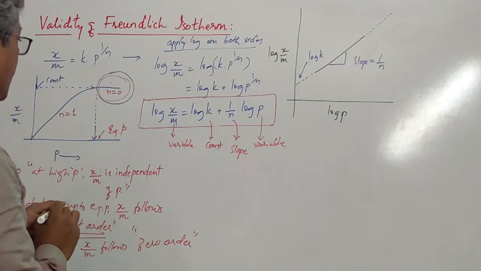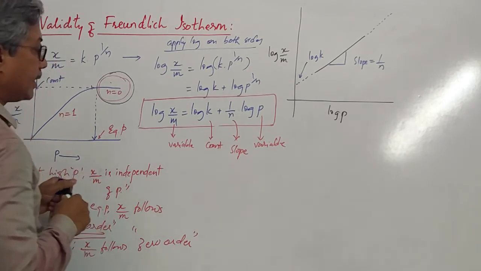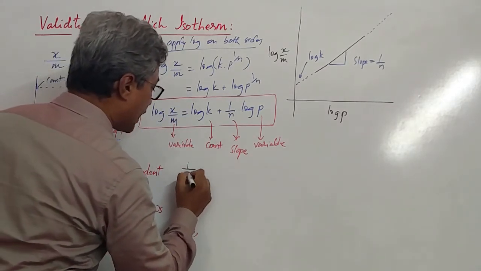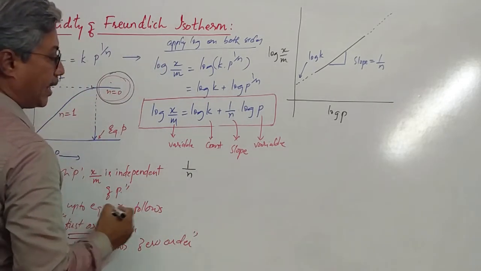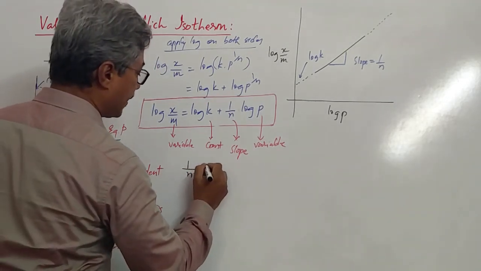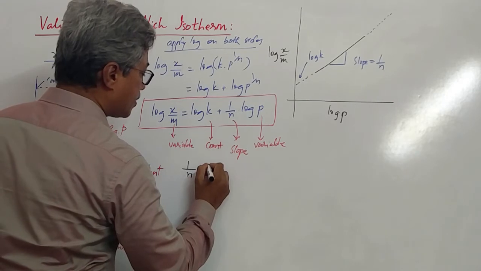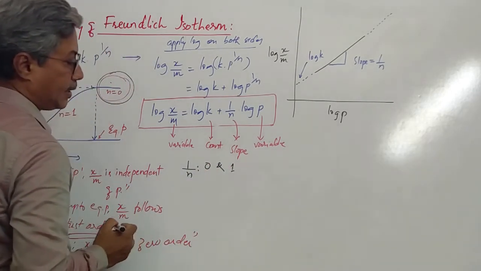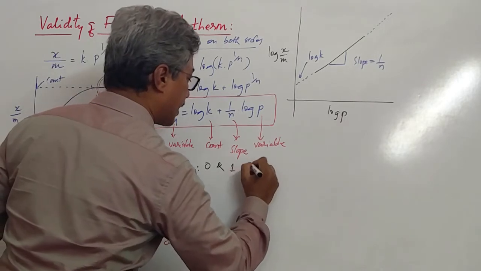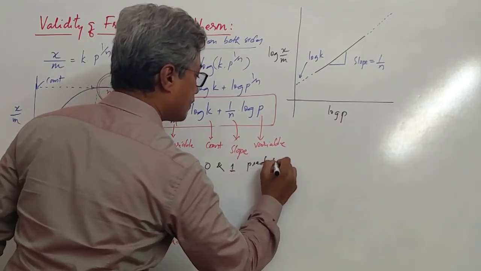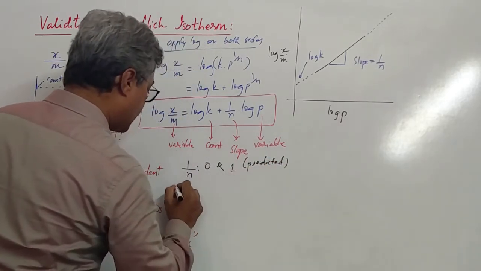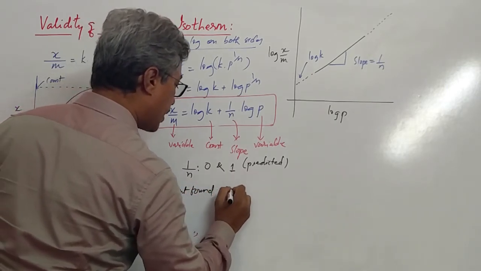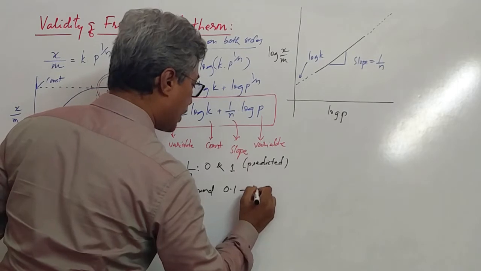Now what we notice is, according to Freundlich, the 1 by n value can be between 0 and 1. This is predicted. But what is found is 0.1 to 0.5.